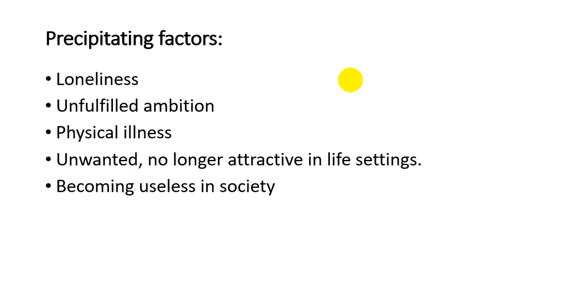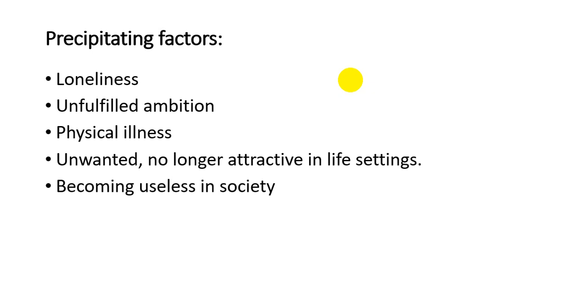Mostly involutional melancholia may be precipitated by the following factors: loneliness, unfulfilled ambitions, physical illness, an unwanted, no longer attractive life setting, and also becoming useless in society. These are the more common precipitating factors.